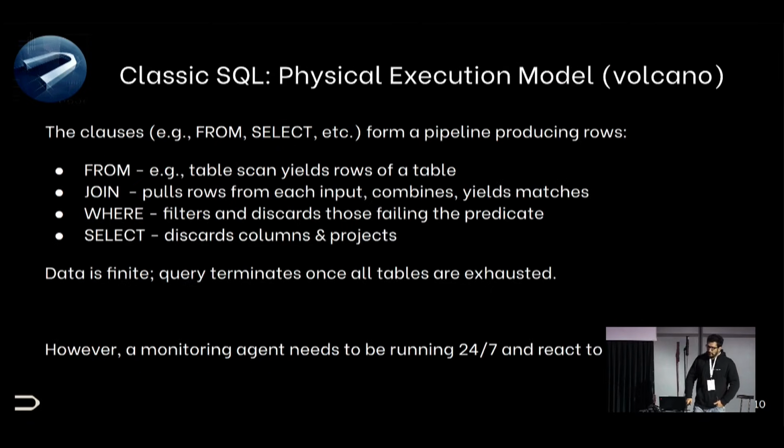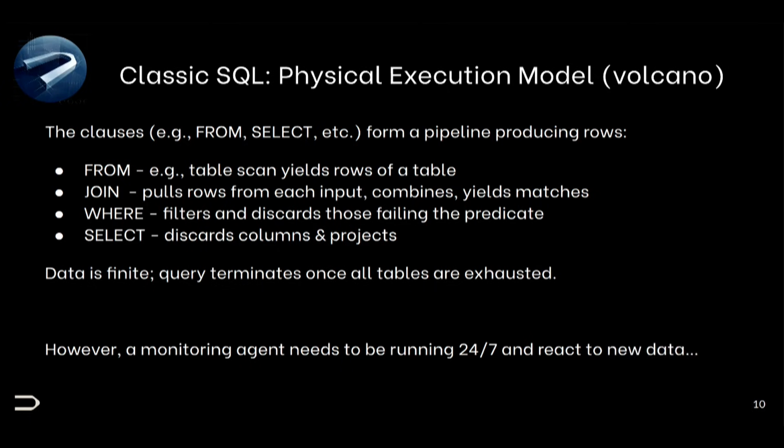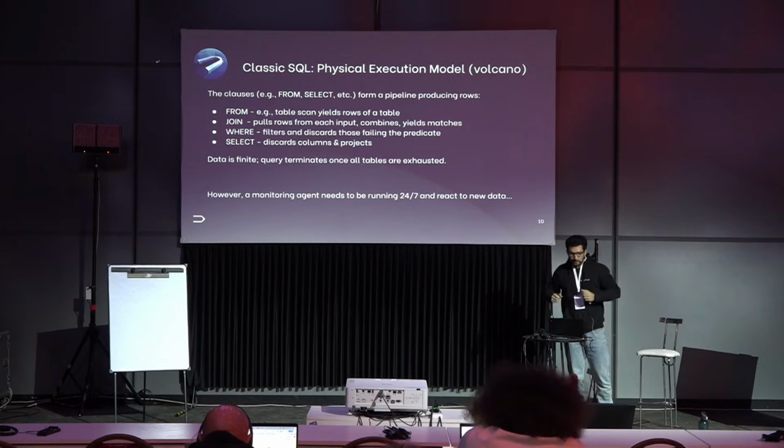Okay, and in terms of the execution sequence, in a nutshell, the way you think about a query, you have to first look at the from clause, and the from clause pulls rows from a table. The join takes rows from the other table and adds the columns from the other table as well.